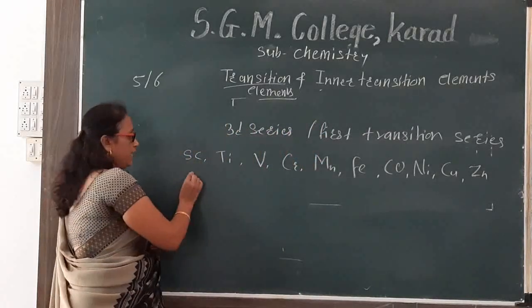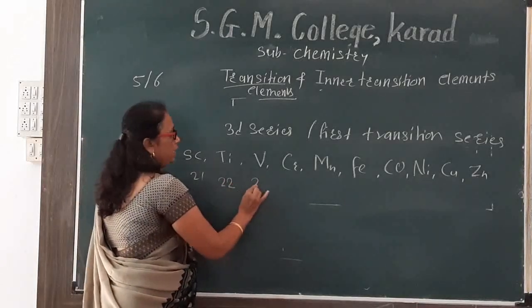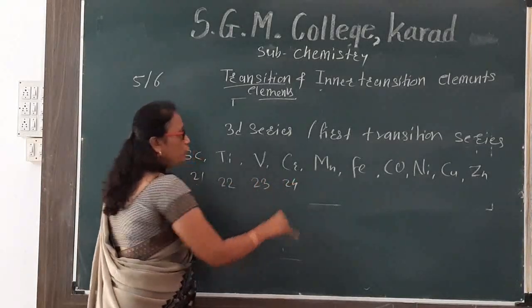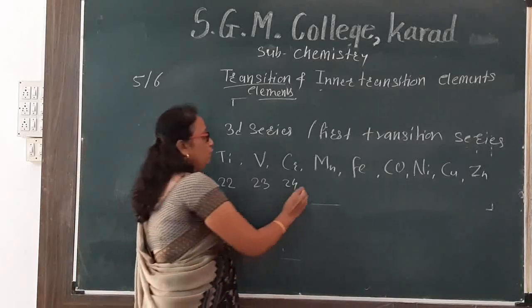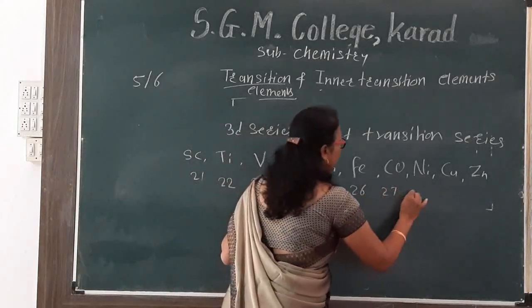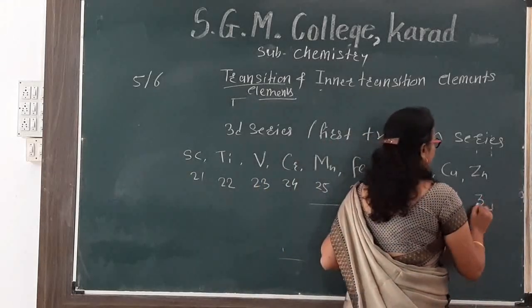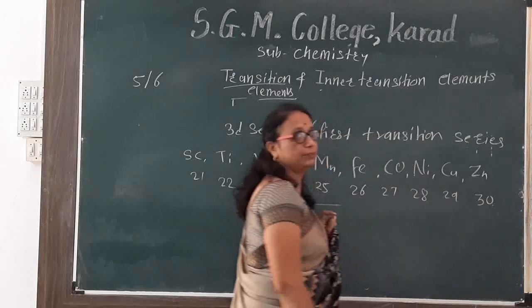Atomic number of scandium is 21, titanium 22, vanadium 23, chromium 24, manganese 25, iron 26, cobalt 27, nickel 28, copper 29, and zinc 30.